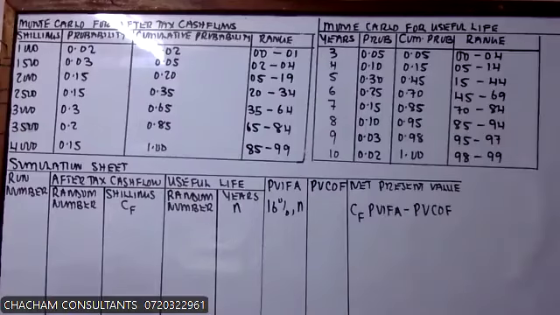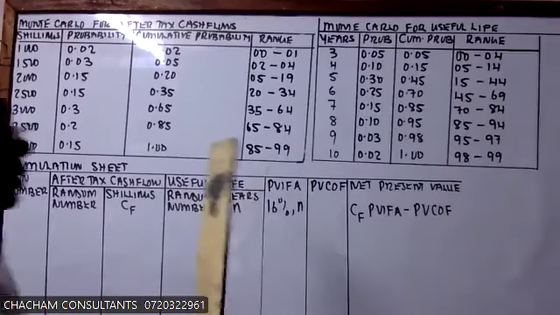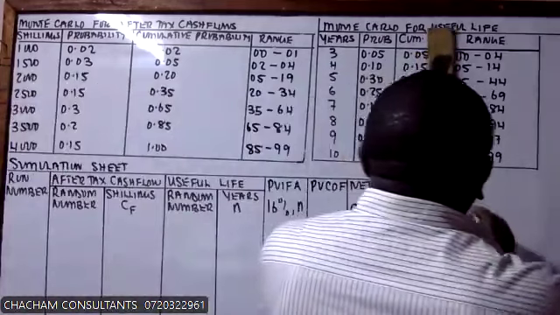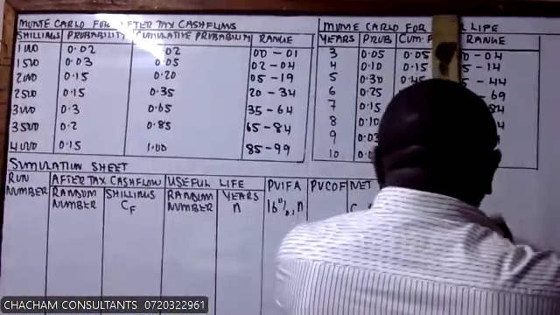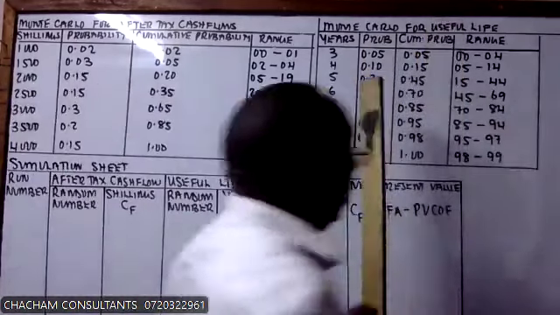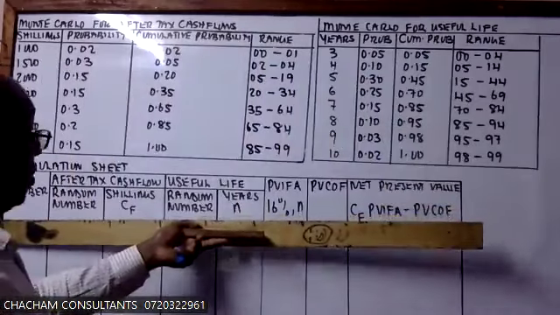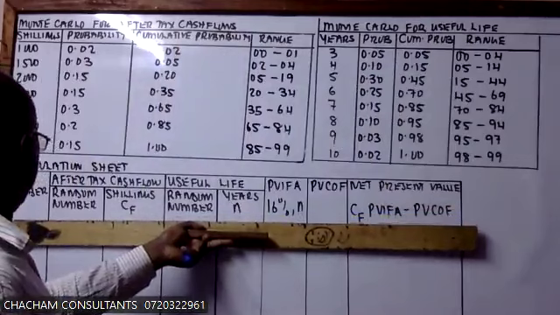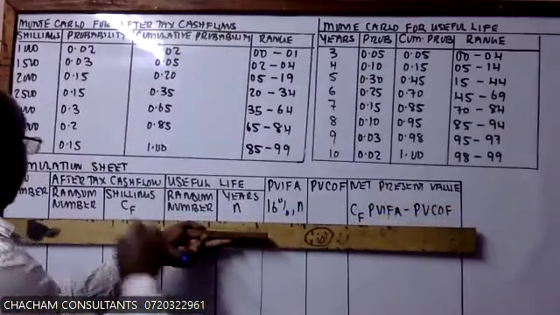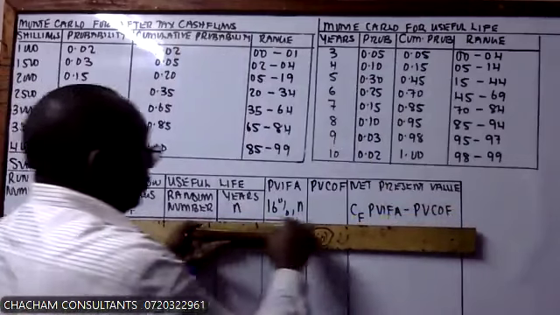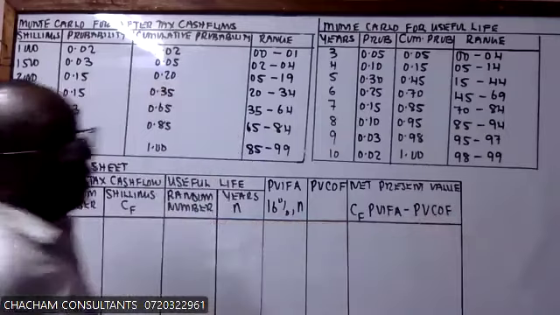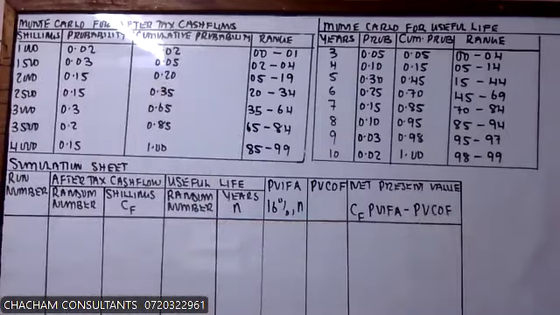That is how we shall get the net present value. So with that, I think we are good to go. When you finish drawing that table, say finished.